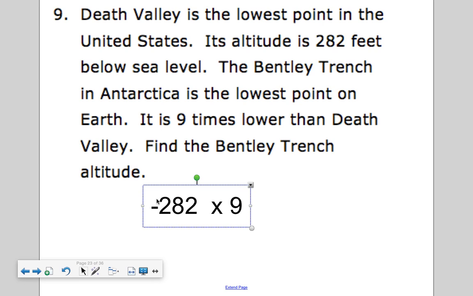If we multiply those two numbers, you will get 2,538, but it's negative because it is the lowest point on Earth. Would that be a positive or would it be a negative? Negative, because it's below sea level. And this is how you multiply integers.